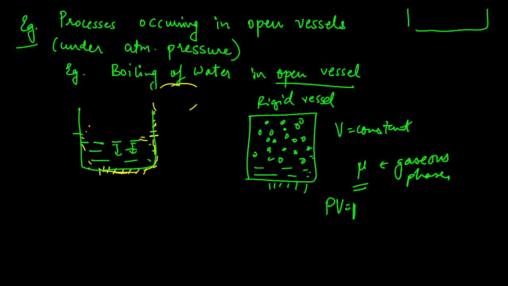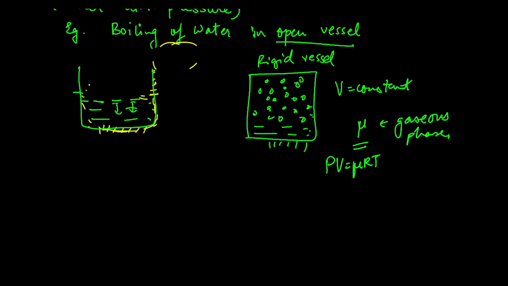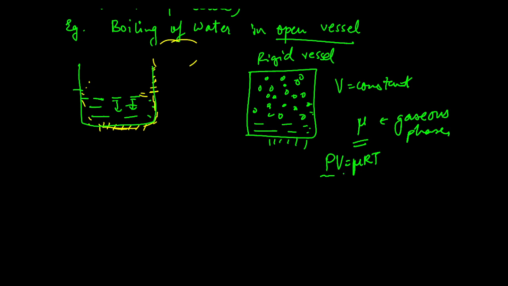PV equal to nRT થાય, right? As long as it is boiling, listen to this carefully, the temperature won't change, right? પણ ધીરે ધીરે શું થશે ખબર છે? પ્રેશર ચેન્જ થવા મળશે because more moles are going in the vessel, પણ વોલ્યુમ ચેન્જ થતું નથી. So આને isobaric ન કહેવાય.